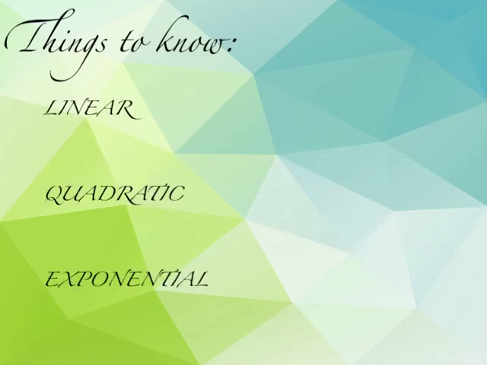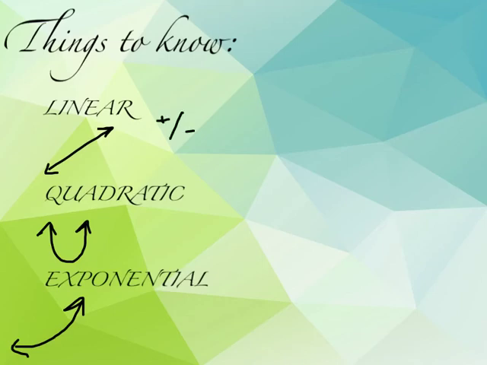We also talked about the difference of linear, quadratic, and exponential functions. Our linear graphs looked like lines. Our quadratic graphs look like parabolas. And our exponential graphs look like slides. For a table, in linear we are always adding or subtracting by the same number.